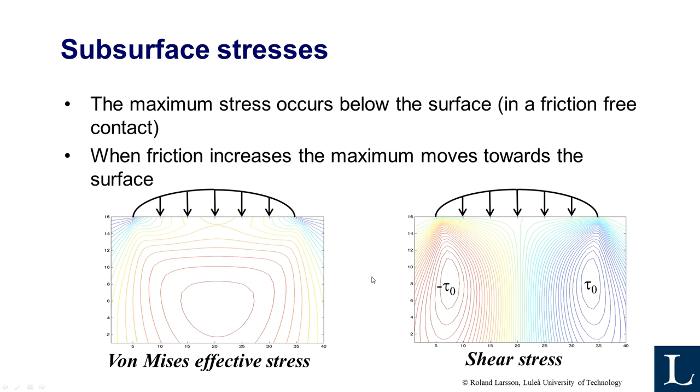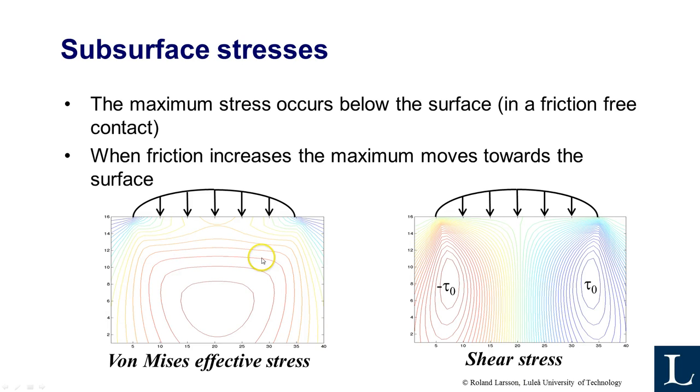Before moving on here, we can think about what is happening inside the material. What you maybe do not expect is that the maximum stress occurs below the surface. That's especially for a friction-free surface or friction-free contact.